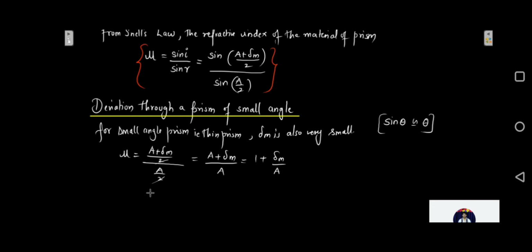So you'll get (mu minus 1) multiplied by this A, just take it across, will be equal to delta m. So this is the relation between angle of prism, refractive index, and angle of minimum deviation for a thin prism, that is for a small angle prism, which is another important expression to be remembered.